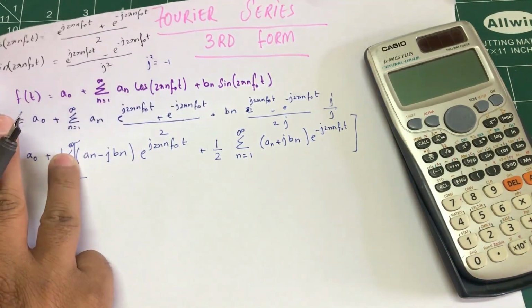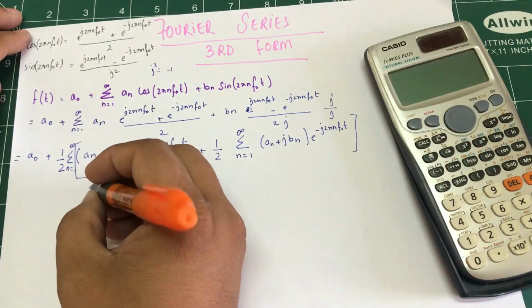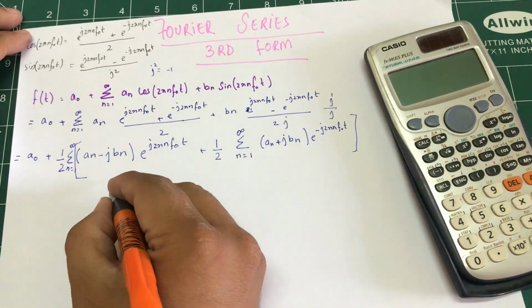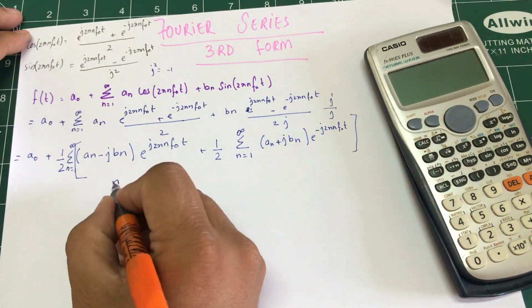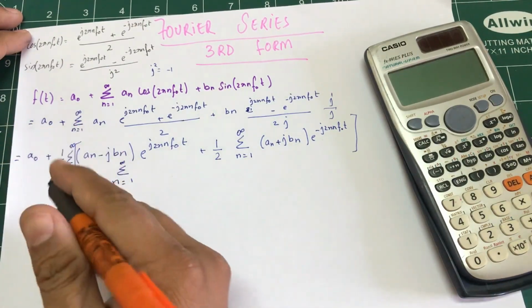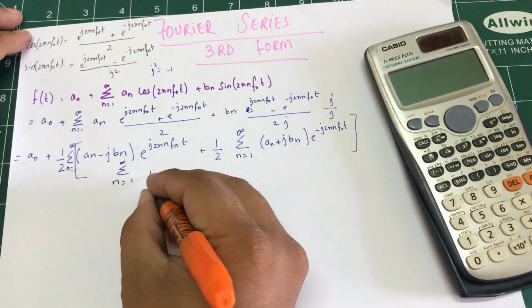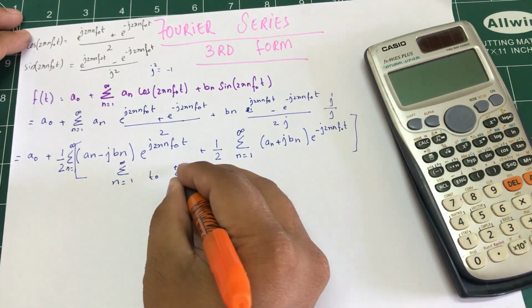I hope you guys are seeing this. Now, the next thing I want to do, I want to change that summation. The summation that is going from n equals 1 all the way up to infinity, I want to change that summation from this to negative infinity to positive infinity.